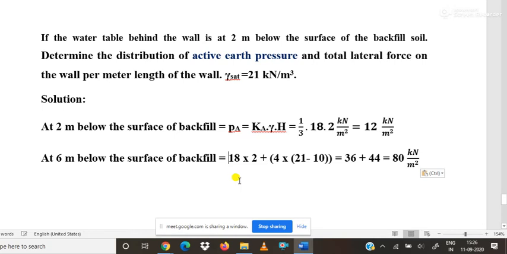And this is the vertical stress. This is not the active pressure. To calculate the active pressure, you have to multiply by the coefficient of active pressure, which is 1/3.